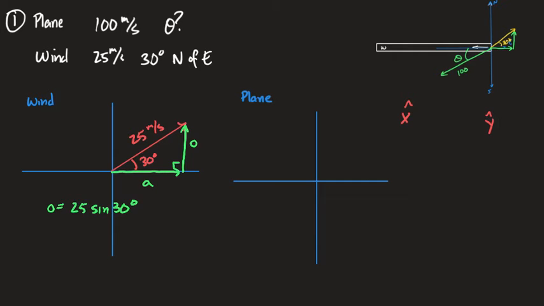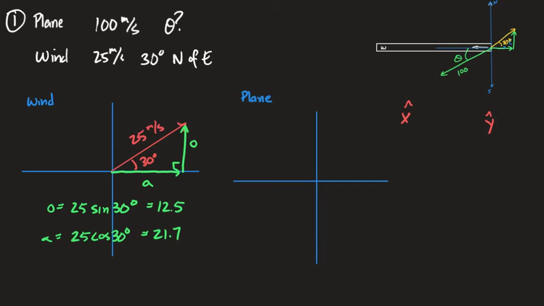But this is going to be the result, which is just 12.5. The adjacent side, 25 cosine 30 degrees, which it's got to be like 21.7, half of 43.3.